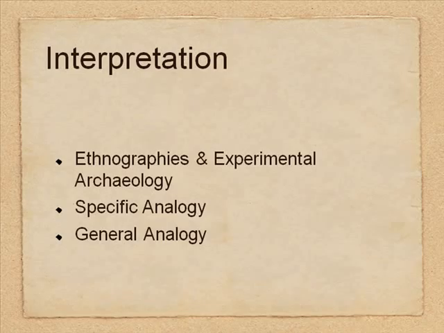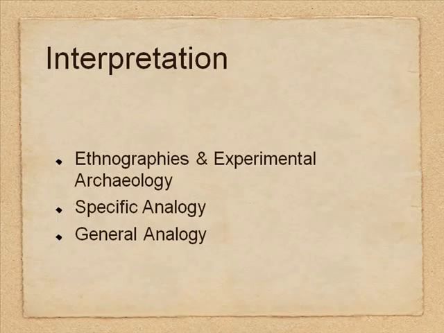We can also use general analogy. These are much broader comparisons. So we can use documents across several cultural traditions. Usually we do this when we can't apply specific analogy. So for instance, in an ideal situation, if I'm digging, let's say, in the Amazon, then I'm going to use maybe foraging societies or horticultural societies that live in the Amazon to develop models for interpretation.